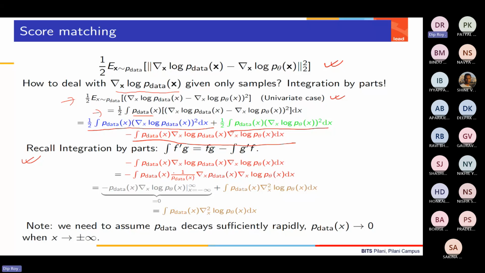And when you do the integration by parts, you get to this particular functional form. Okay. And this functional form, if you see, has no p of data in it. That integral of p data is nothing but the expectation, but there is no p data. So it is saying that integral of p data x and the double derivative of log of p theta x dx.